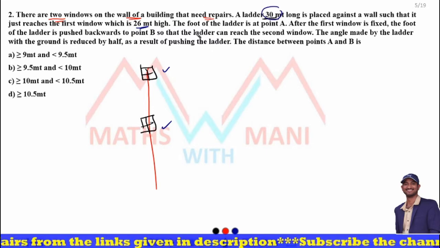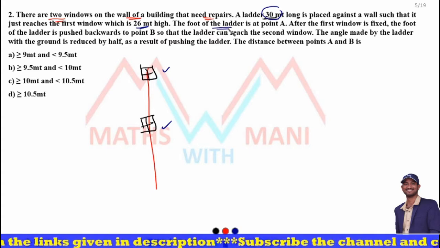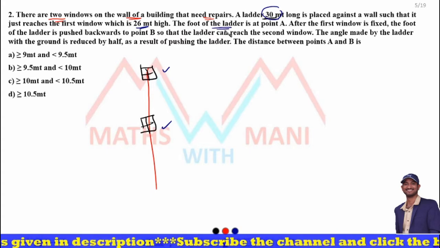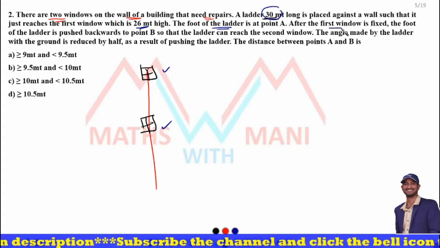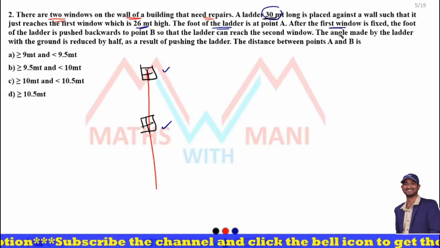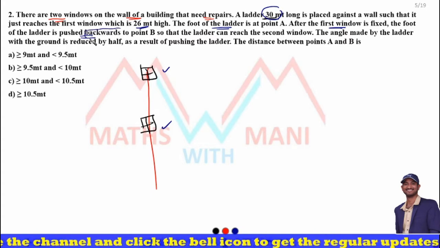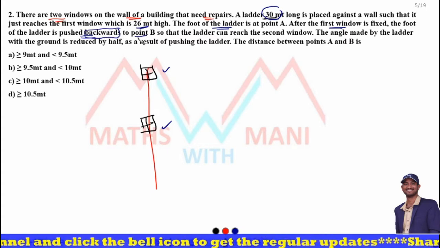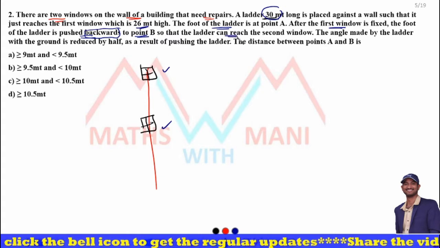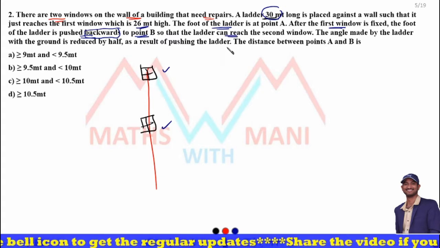What next? The foot of the ladder is at point A. After the first window is fixed, that means repaired, the foot of the ladder is pushed backwards. This is important. Pushed backwards to point B so that the ladder can reach the second window.